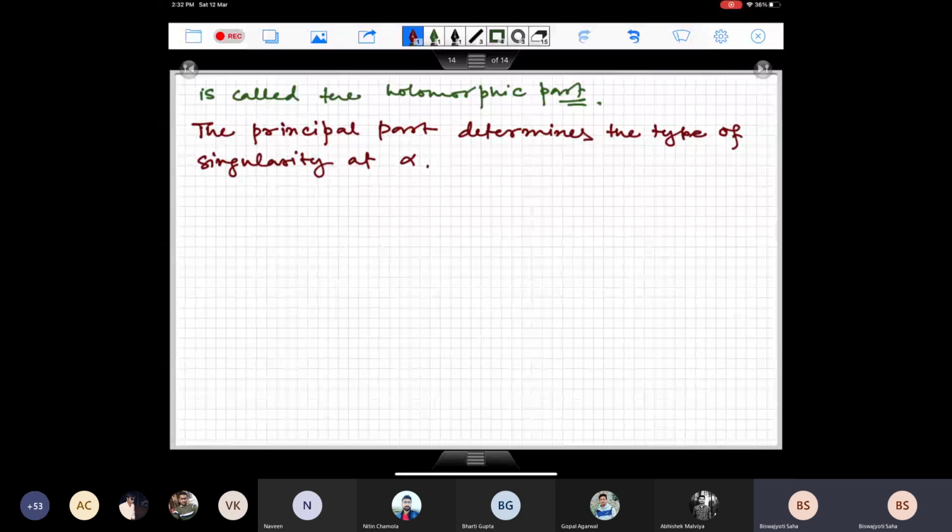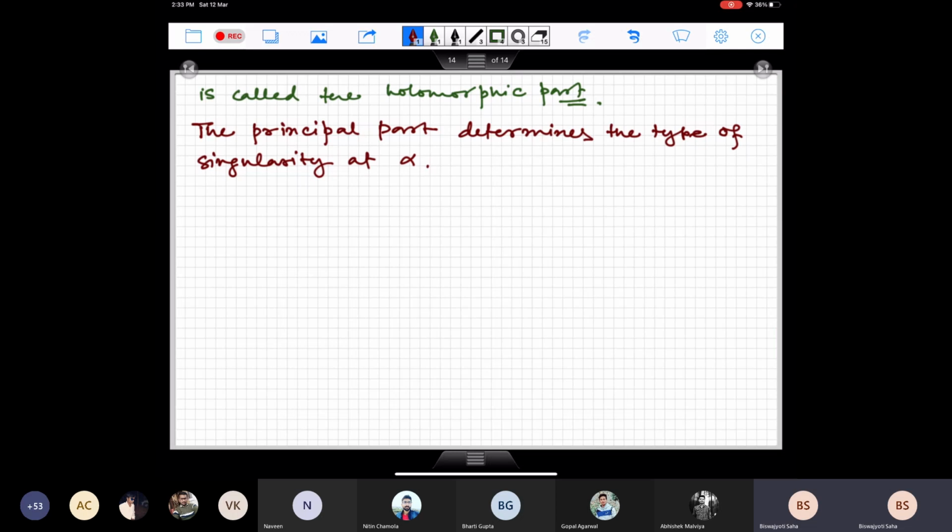That's the main reason why around an essential singularity the function behaves so erratically: there are infinitely many terms, so depending on the coefficients the values can be completely different. You cannot really predict the behavior of the principal part.